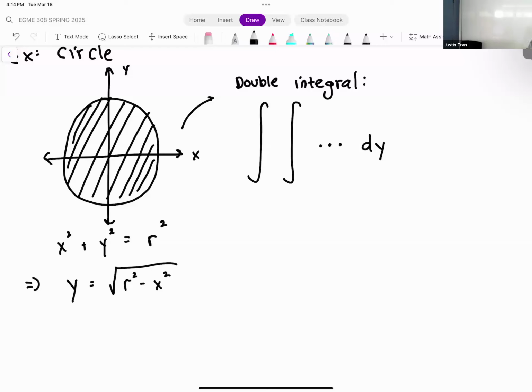So y goes from 0 to this expression here. When we integrate over y, we're going to go from 0 to square root of r squared minus x squared, so you have a variable in your integral there. And then your integral over x is going to be between 0 and r.